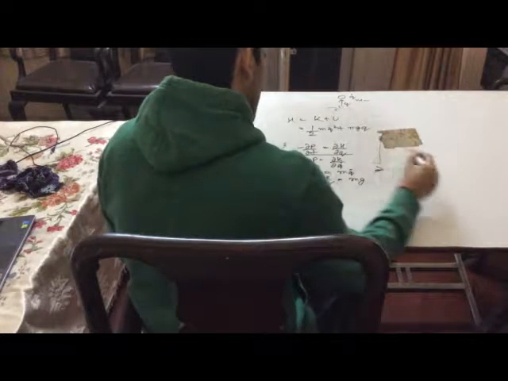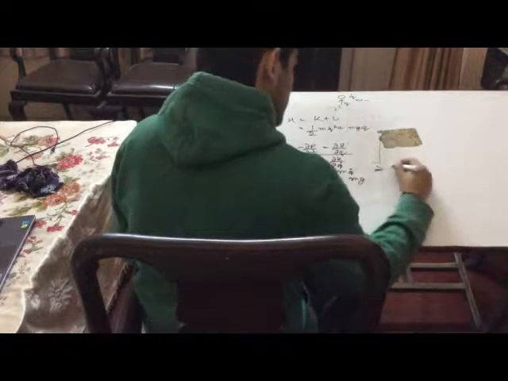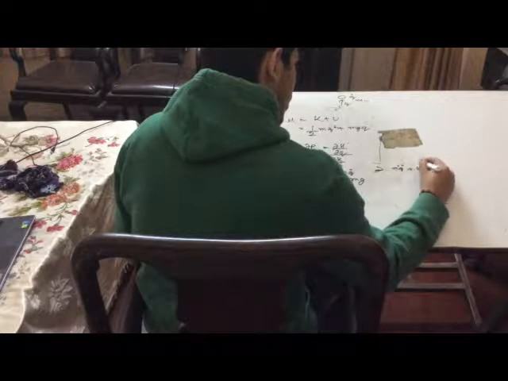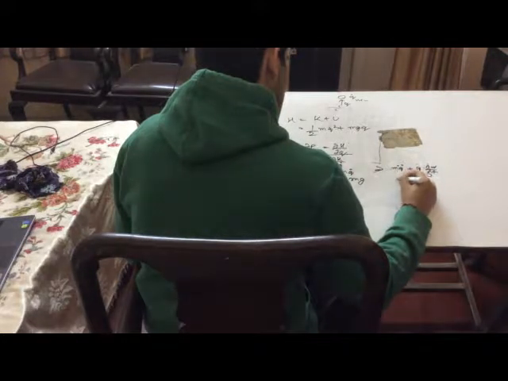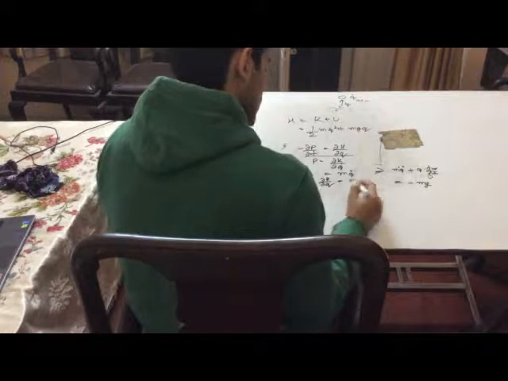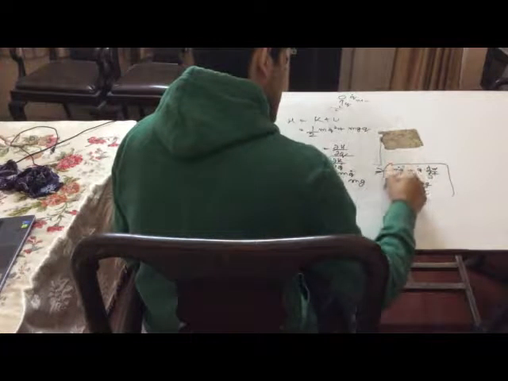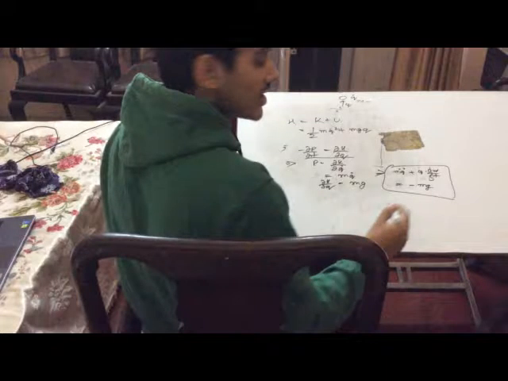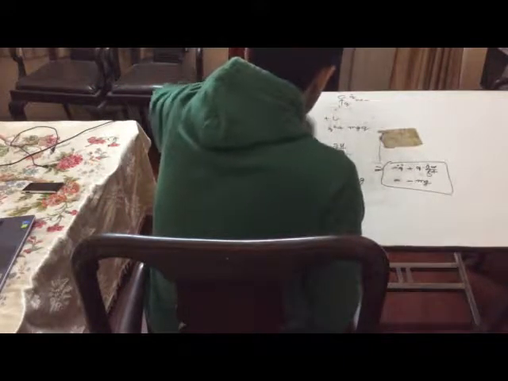From this equation we have d by dt of m q dot, which is m q double dot plus q dot into dm by dt, equals minus mg. So this is the equation given by the Hamiltonian analysis, and this equation is the same as the Lagrangian one which I proved earlier.